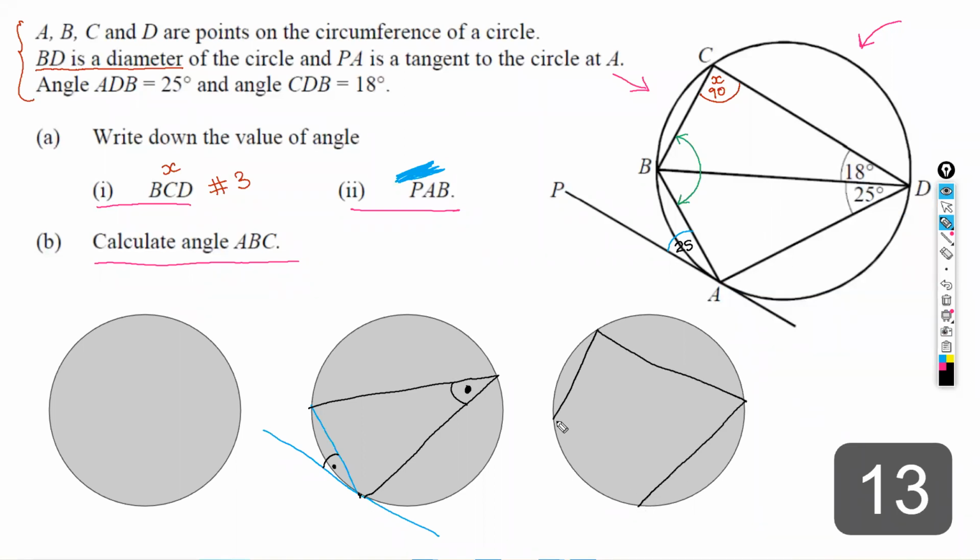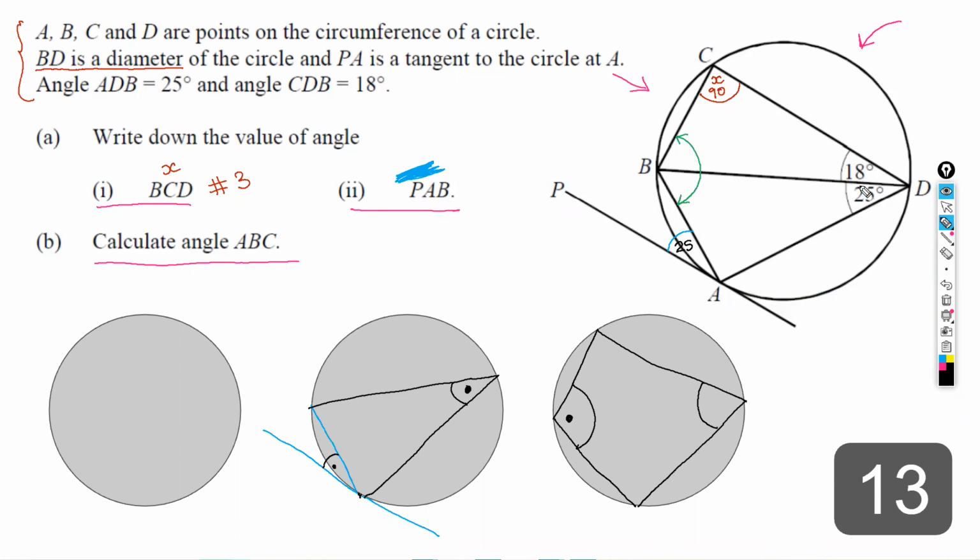A cyclic quadrilateral. Okay. And the opposite angles in a cyclic quadrilateral add up to how much? 180, right? And you check it back. So this angle, and it's this one we want to find, must add up to 180. But what is this angle? They didn't come right out and tell you the value of this angle, but it's more or less easy to find.